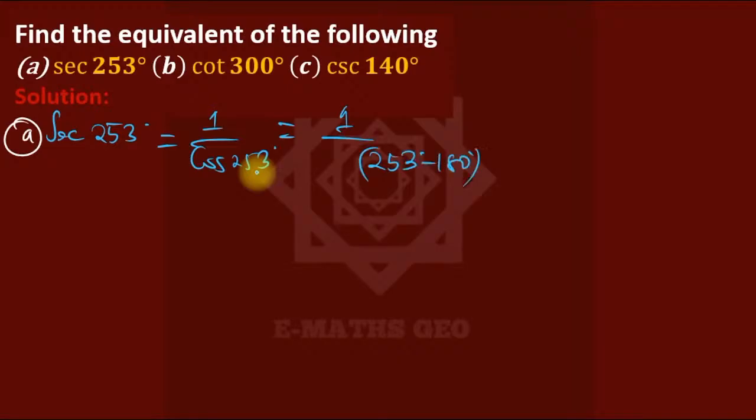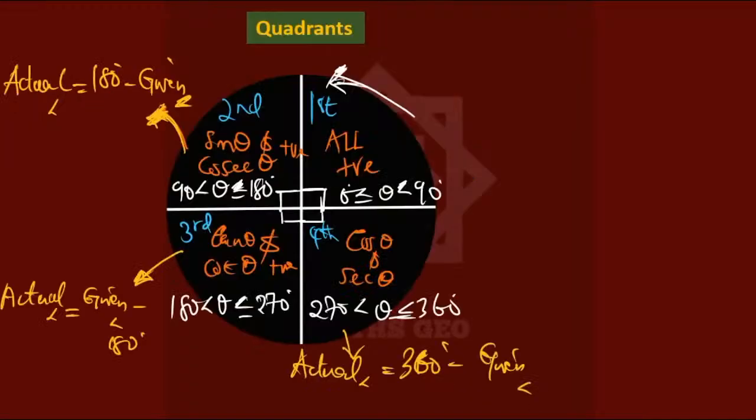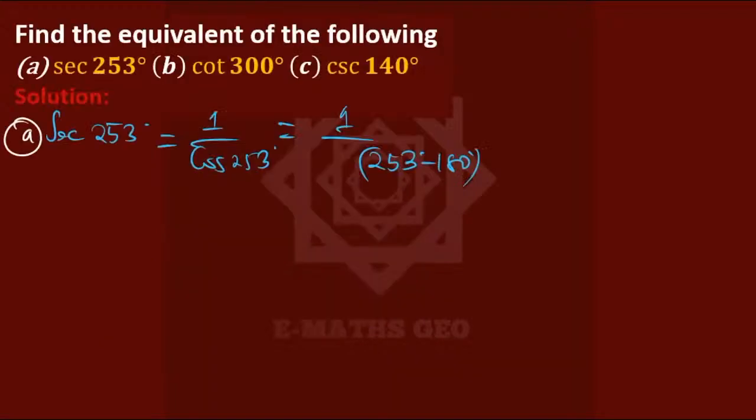Which trig functions are positive? Only tan and cos. But they gave us cos, so it's now minus cos. So the answer will now be minus 1 over cos of 253 minus 180, which is 73. So it's equivalent to minus 1 over cos 73.